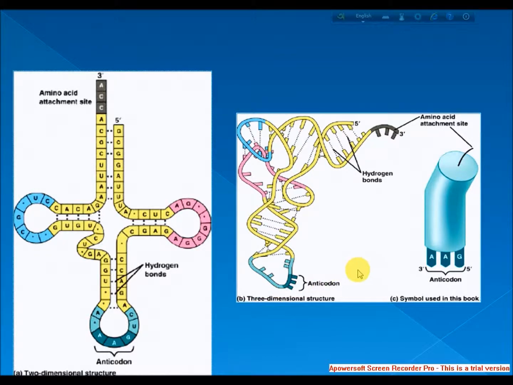This is the three-dimensional structure of the tRNA, an L-shaped molecule. On one end is the amino acid attachment site, and in the opposite direction the anticodon is present.